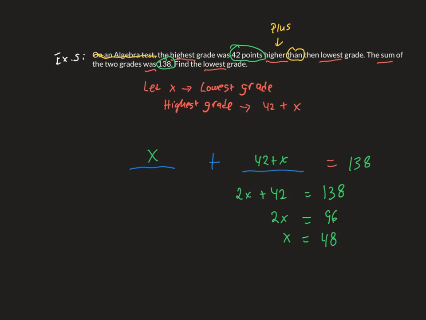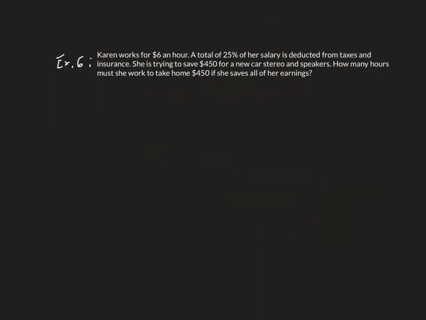All right, let's finish our last example. Okay, so let's read this last example. This one's a little bit of a bigger one, so let's read through it. So Karen works for $6 an hour. A total of 25% of her salary is deducted for taxes and insurance.